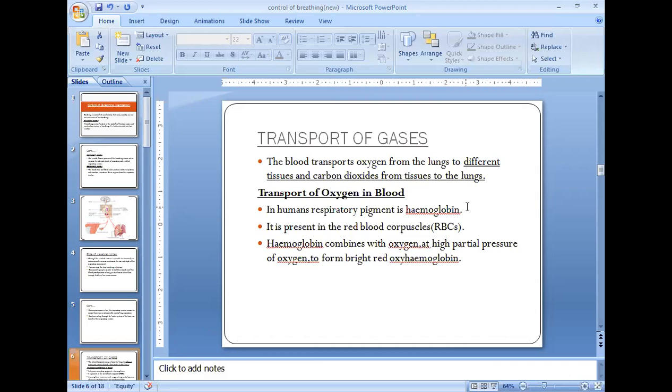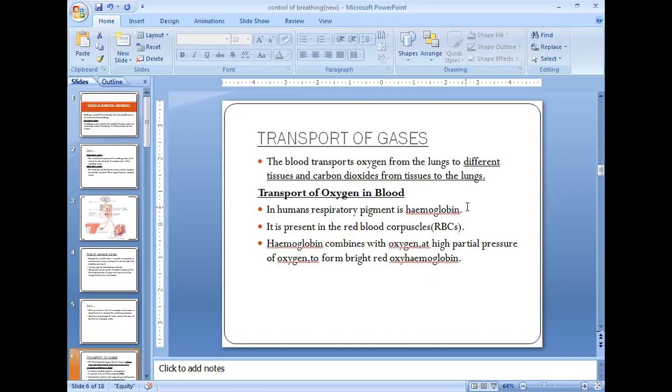This hemoglobin is present in red blood cells or red blood corpuscles, and hemoglobin combines with oxygen at high partial pressure. Means, in the lungs, oxygen partial pressure is higher as compared to the blood, or in the alveoli partial pressure is higher.